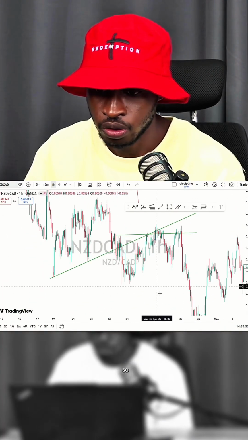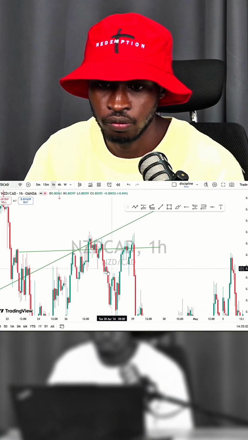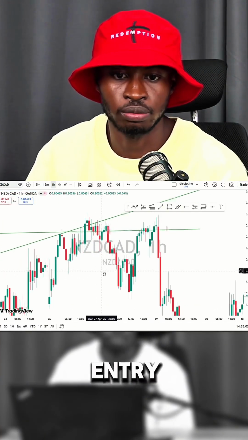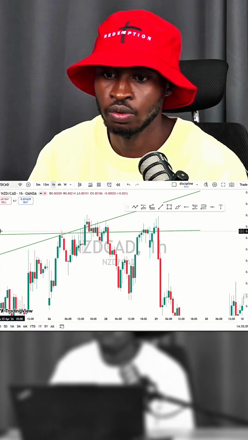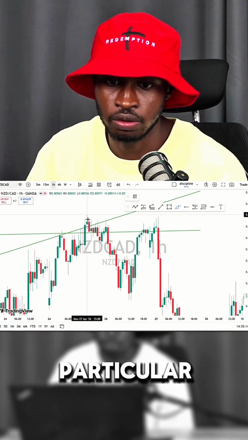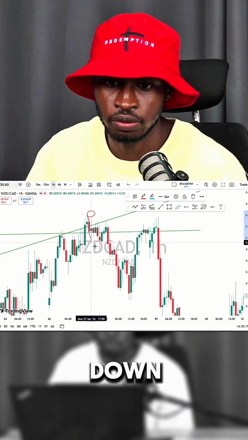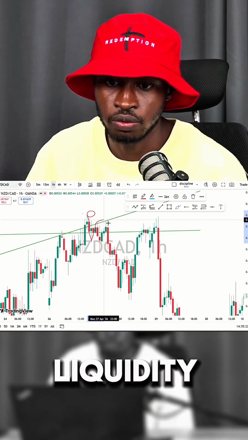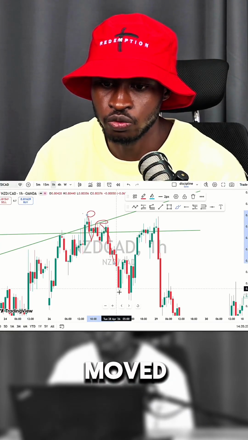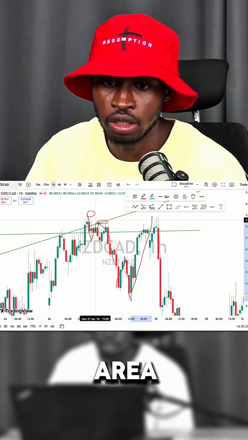All right, so let's look at the entry model. First and foremost, you look at the fact that we moved from this particular point of interest, we came down, it gave us our area of liquidity here, then we came down again, we moved up here, down below, and then we moved up to come and sweep the area of liquidity.